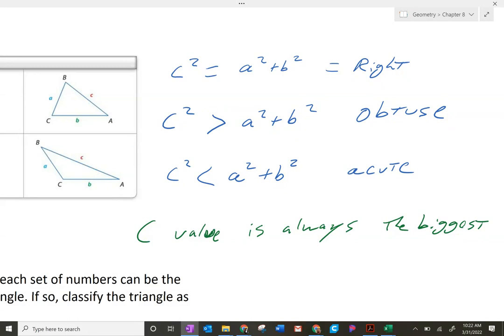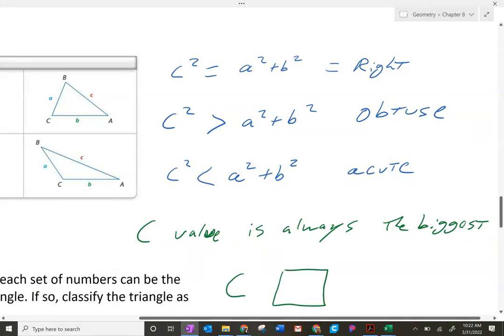So when we set these ones up to figure it out, you'll kind of do it like this. You'll have your C value here. Just for the sake of time, I'm going to put like a box. You're going to leave an opening there. Because it'll be C squared, then that A value squared plus that B value squared.